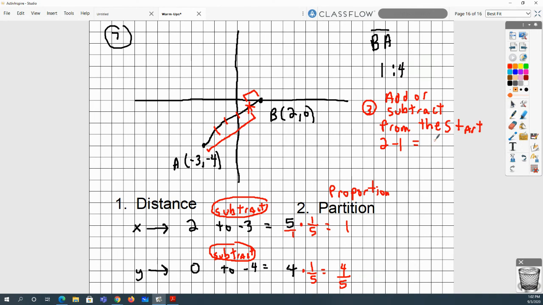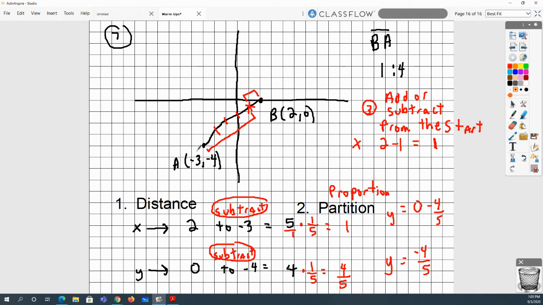What's 2 minus 1? Is 1. And the next one is, let's see, 0 minus 4/5. So this is your x. My y is 0 minus 4/5, which is, what's that? Negative 4/5.